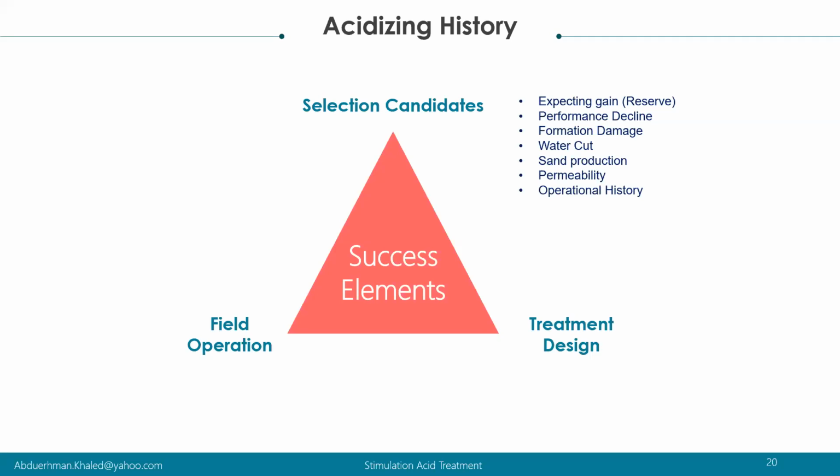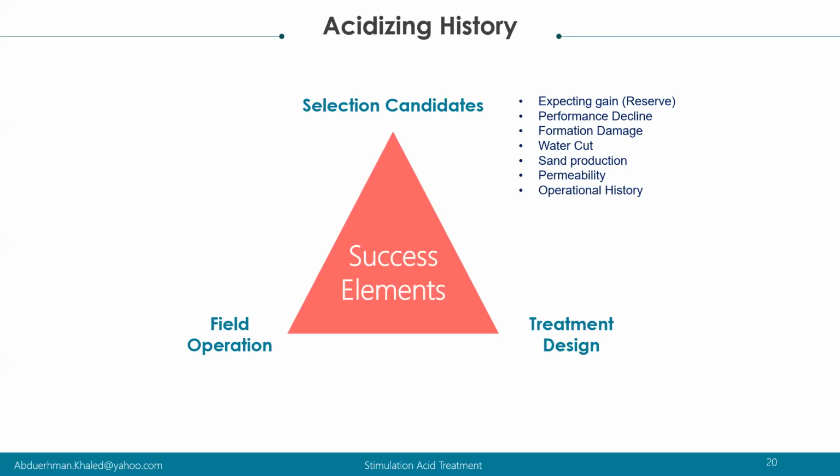Then we identify the problem by doing performance decline analysis and formation damage analysis, to know whether the problem is about water cut. They prefer not to do acidizing in those cases, because we never know, after acidizing the situation might get worse.